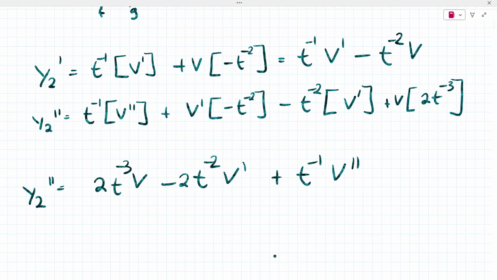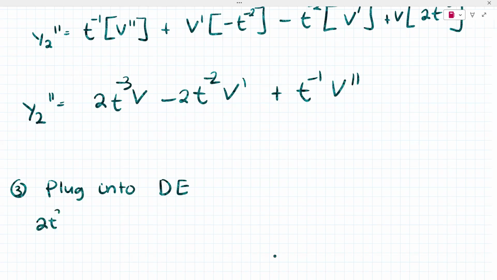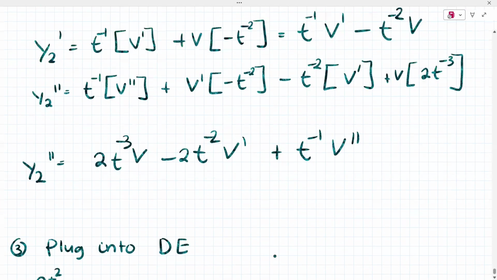Step 3, plug into the differential equation, which is 2t squared. Wait, so what am I doing? Plugging into the differential equation.